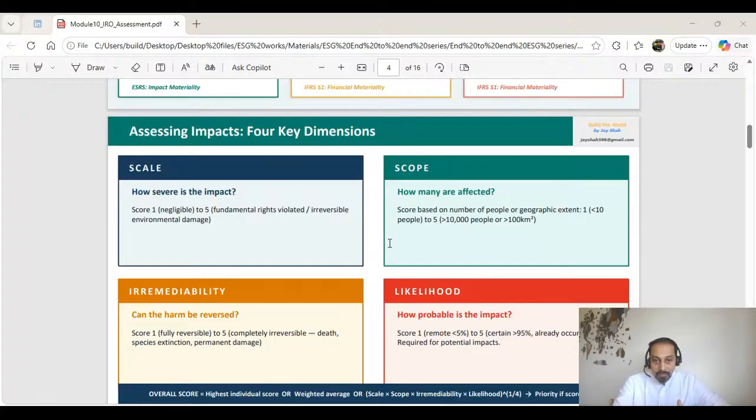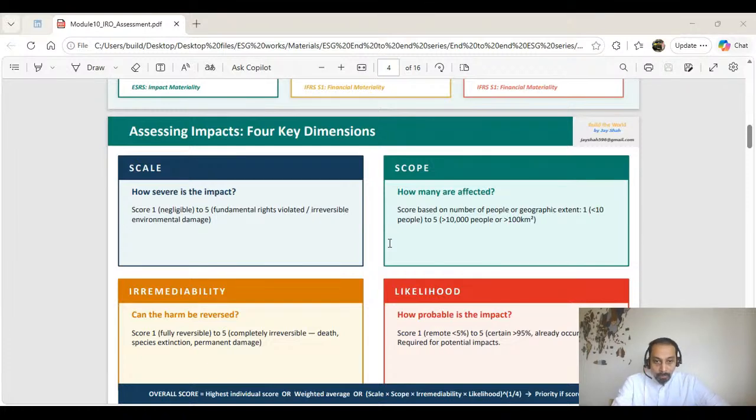At the top end of the scale, which can be a score of 5 or maybe high out of 10, you have impacts that violate fundamental human rights or cause irreversible environmental damage. Think of child labor or extinction of species. At the bottom, that can be a score of 1, you have negligible, barely measurable effects.